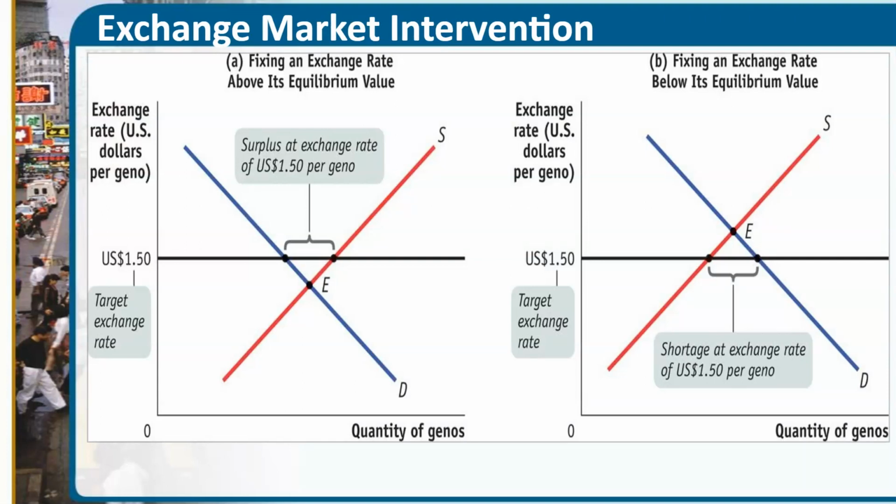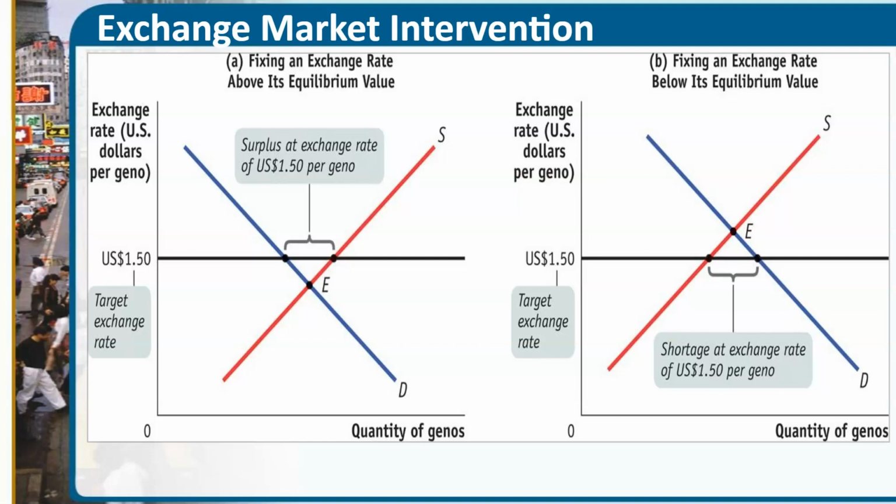With market intervention, what we see here is the U.S. dollar per guinea. If you look at what the target is, what are we going to have to do in order to get to that target? If we fix an exchange rate above its equilibrium value, we're going to end up with a surplus. If we fix it below equilibrium value, we're going to end up with a shortage.